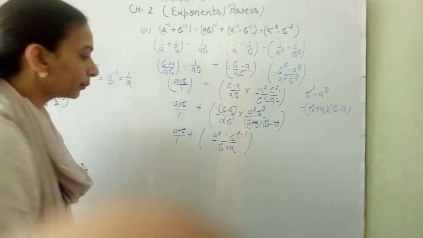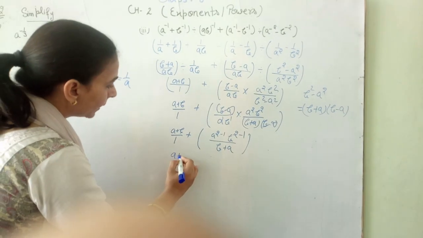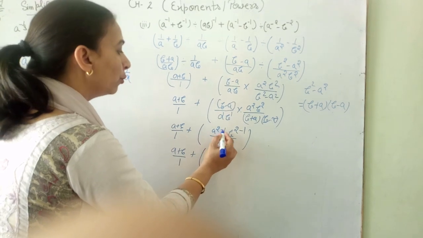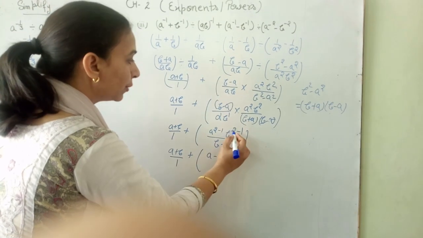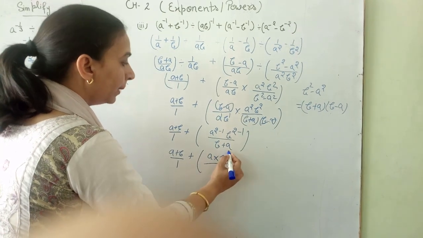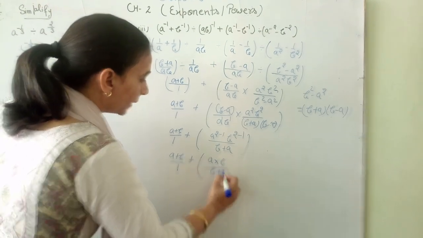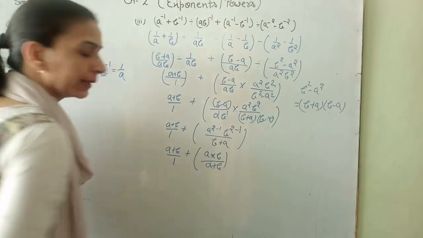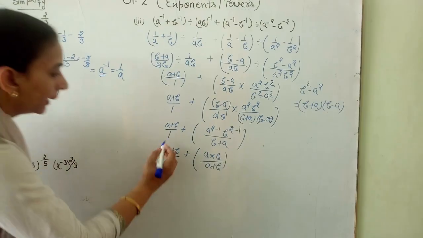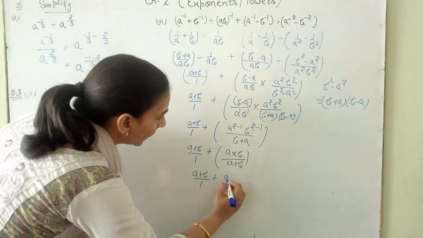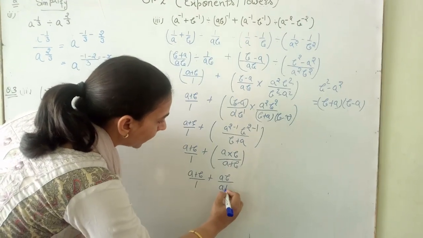Clear? Again a plus b by 1 plus a raised to the power 2 minus 1, b multiplied by b divided by b plus a, b plus a. You can also write it as a plus b, no problem. Clear? Then a plus b by 1 plus ab by a plus b.